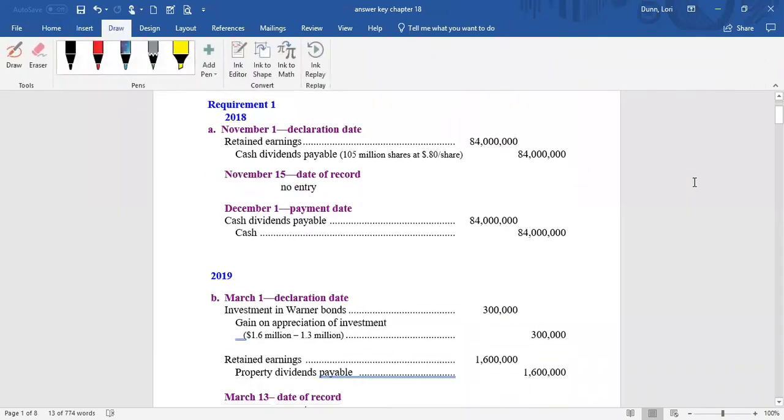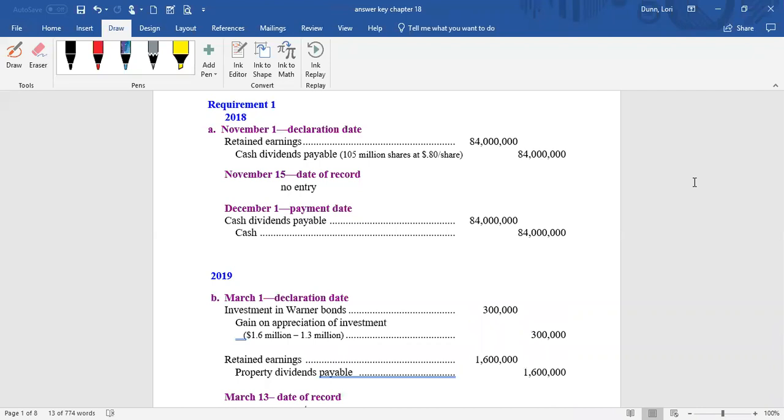Let's take a look. The first thing we want to do before we record the debit to retained earnings and credit to dividends payable is we must write up the property dividend to fair value or down to fair value.